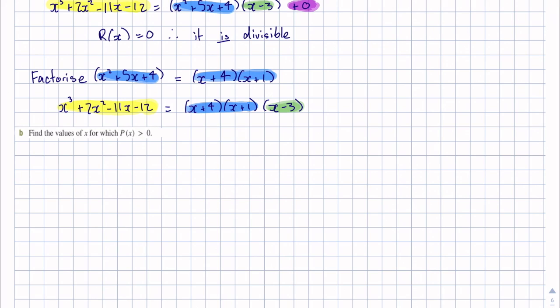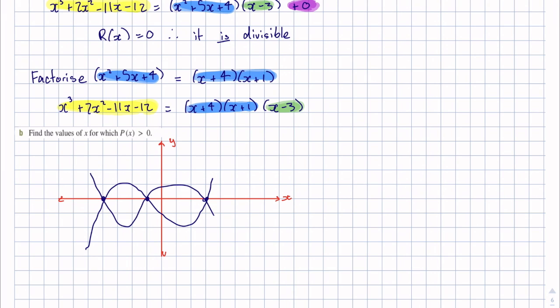I can't even draw a straight line. We're not going to do a great job sketching. We're not going to find any intercepts or anything like that. Y, x. We're just going to do a fairly rough sketch. So x plus 4 means minus 4. x plus 1 means minus 1. x minus 3 means positive 3. And we know it's either going to go this way or the other way.